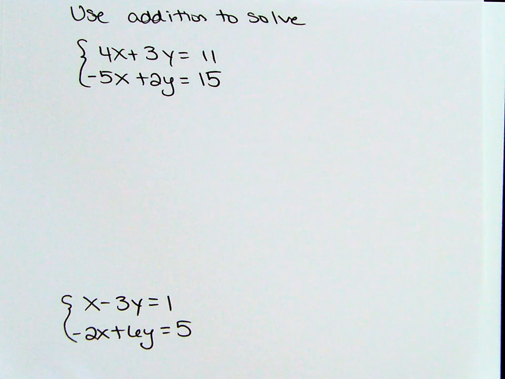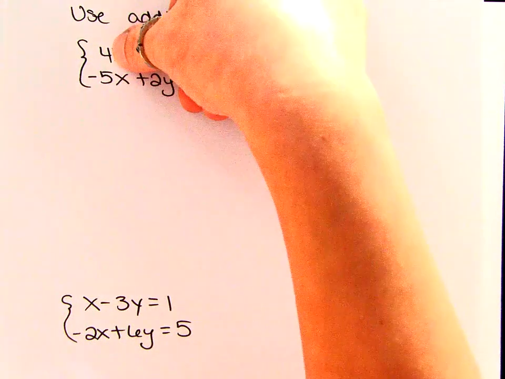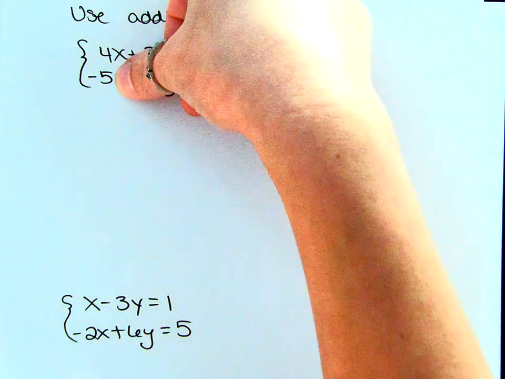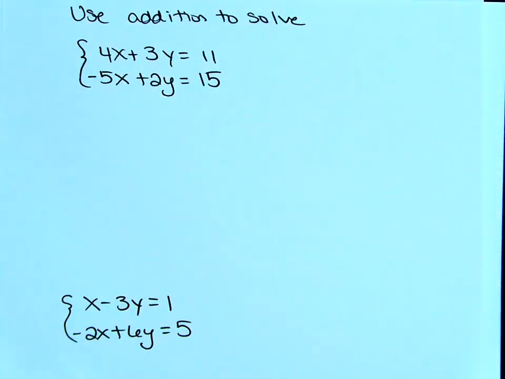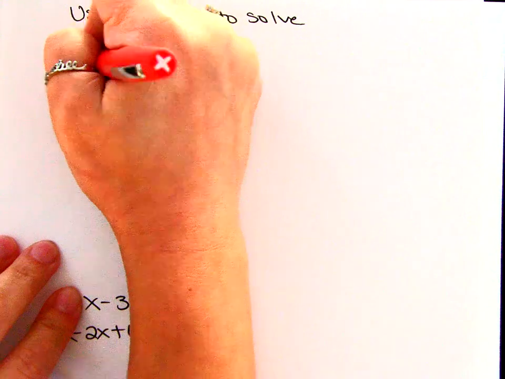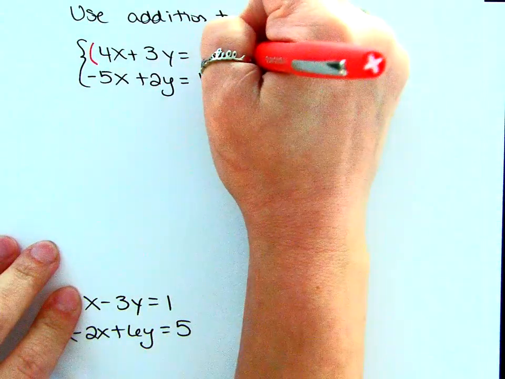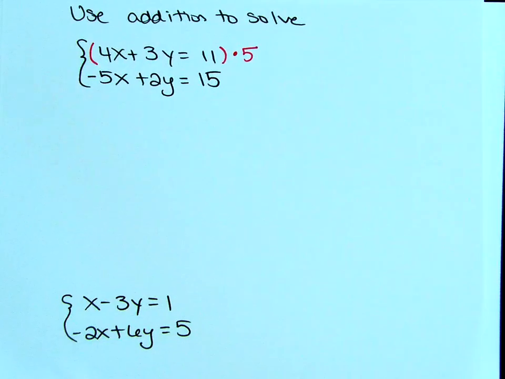Okay, if we get rid of our x's, we have a coefficient of 4 and a coefficient of negative 5. So what is a number that 4 and 5 both go into? 20. That's great. So what do I need to multiply 4 by to get to 20? 5. So I'm going to multiply this whole top equation by 5. The entire equation, not just my x term, the entire equation.